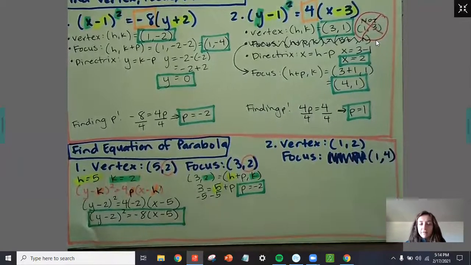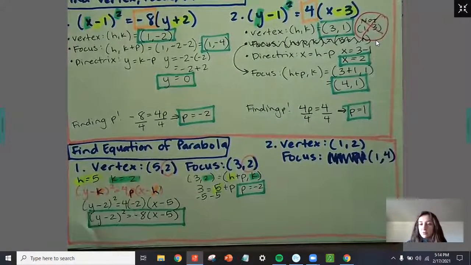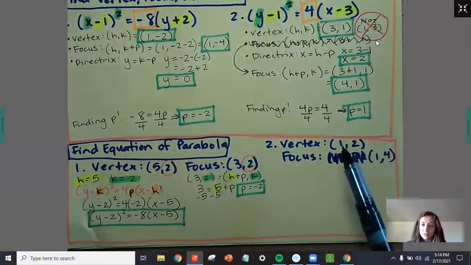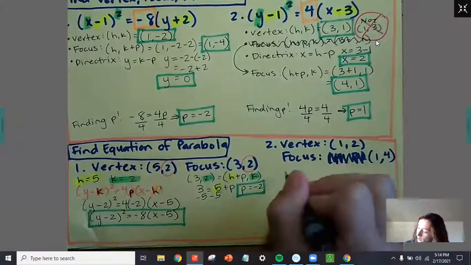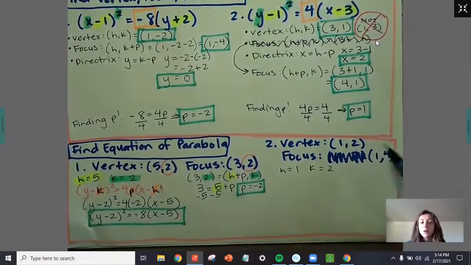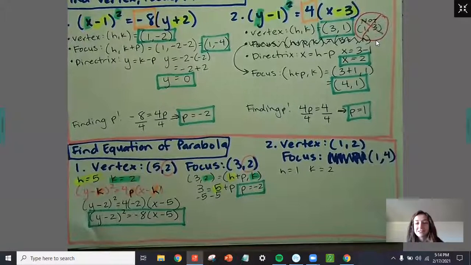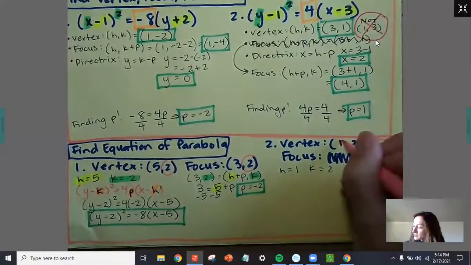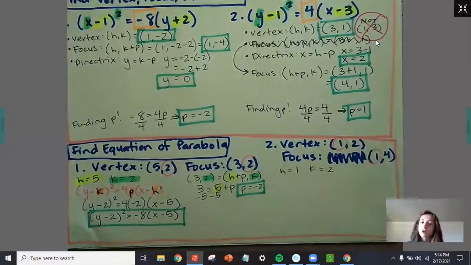Okay, so our x values are the same, so that means we're going to be using the first set of equations. We already know our h and k value just from the vertex, so h, comma, k. H is 1, and k is 2. We also notice that our x values are the same, so that means that we're going to be using the first set of equations where we had the x squared.